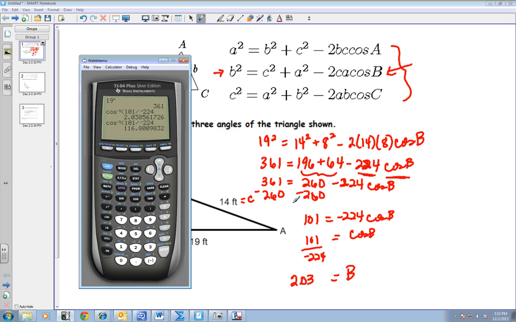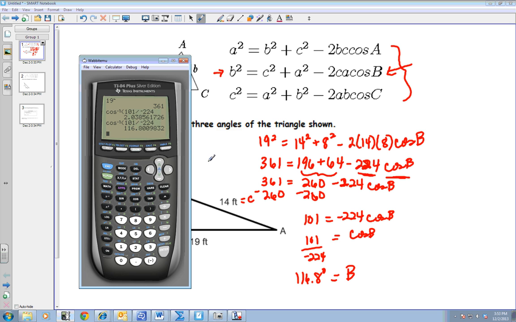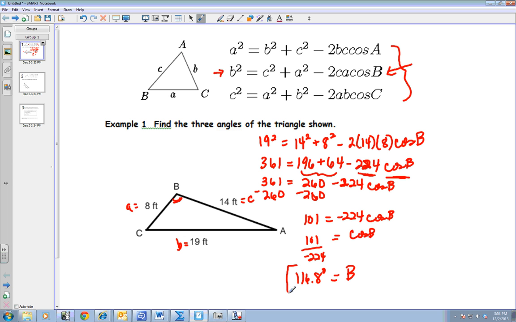Okay, so my angle is 116. So angle B is equal to 116.8. Just so that I can show you again in my calculator, 116.8 degrees. All right, so that's what angle B is.